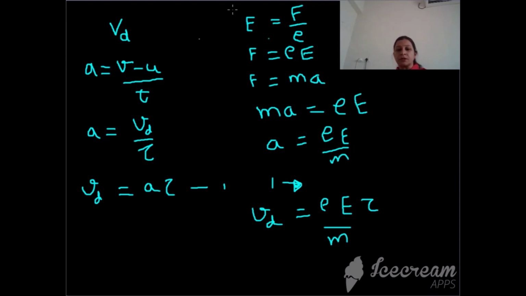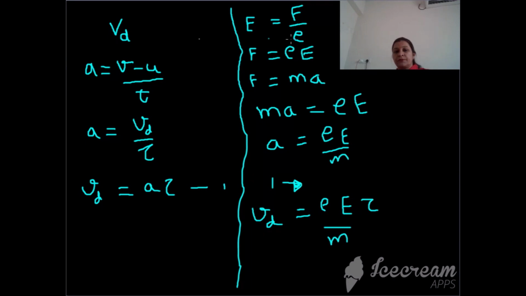So the second equation is here. E is equal to F by e. Electric field intensity is the force experienced per unit charge. So F is equal to small e into capital E, where small e is the charge on the electron and capital E is the electric field. F is also equal to mass into acceleration. This is again the equation of force.